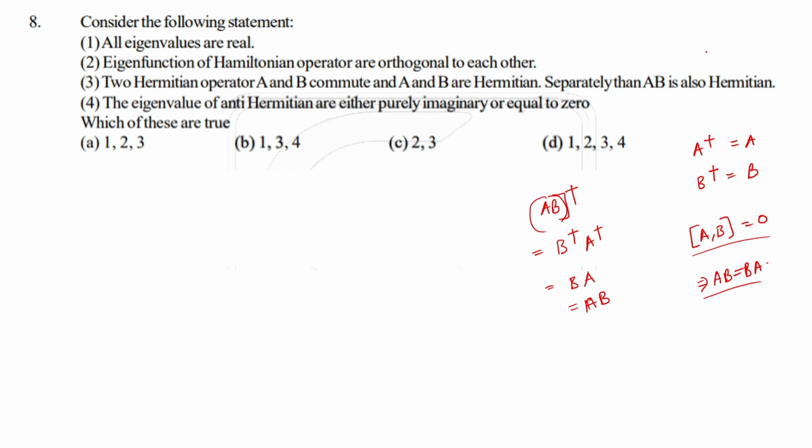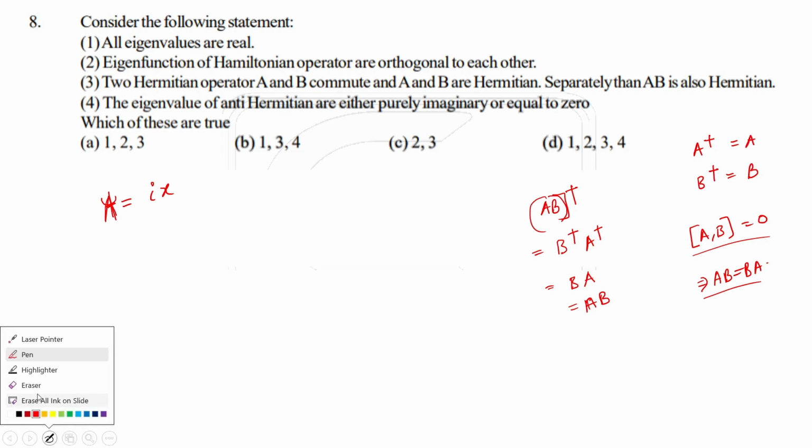What about the fourth statement? The eigenvalues of an anti-Hermitian operator are either purely imaginary or equal to 0. Anti-Hermitian, let us think of something that is anti-Hermitian.